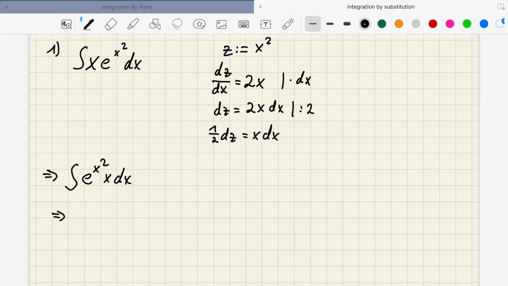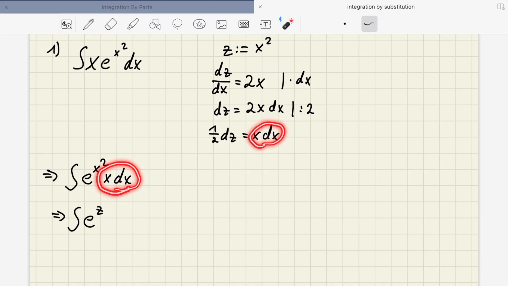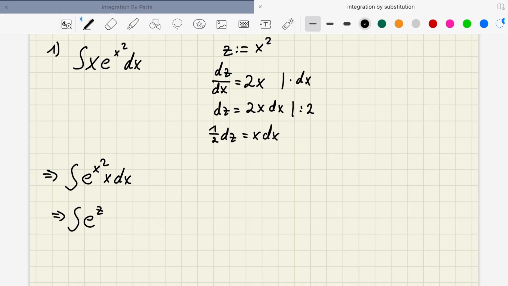Now we go for the substitution. We have e, and we substitute x to the power of 2 for z, so we have e to the power of z, and now we have x times dx, which after substitution is a half dz, so 0.5 dz. Okay, this is our new integral.